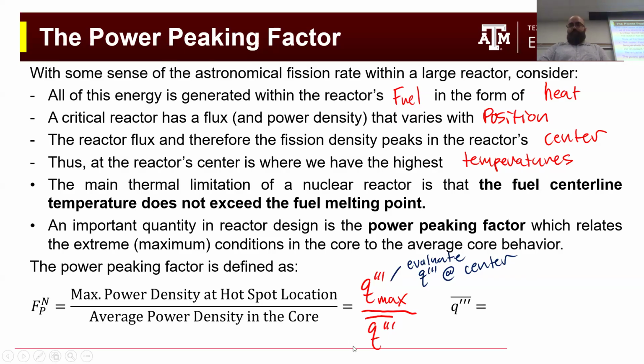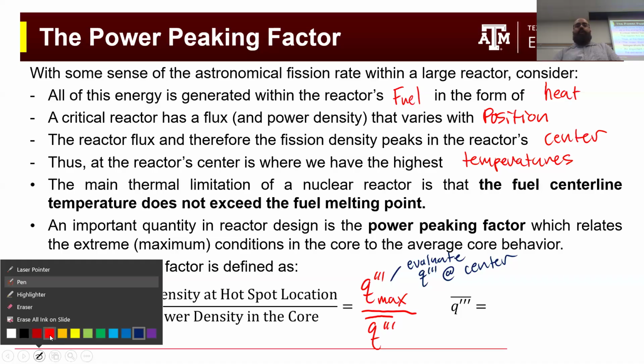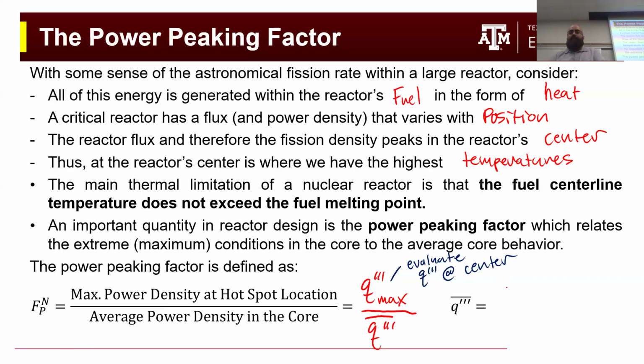And then the average power density is a mathematical definition. If you're taking the average of this power density, it means that you're doing 1 over the volume of your core, and then you're integrating over the volume of the core of your original power density.